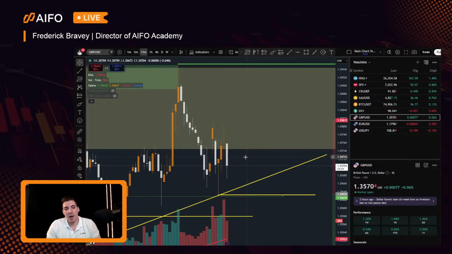It does move, of course, but it's the third biggest liquid Forex market. But it's certainly one of the ones that I really enjoy trading.